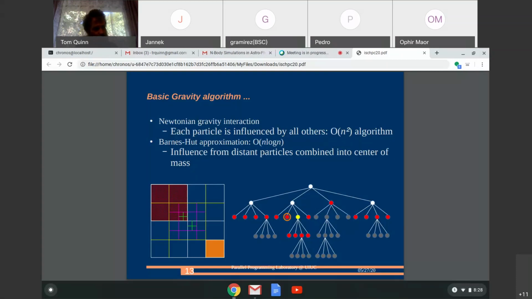So doing 1 billion particles gets very expensive. And so how do you reduce the complexity of that problem? The way we do this is organizing the particles into a tree, where the tree is based on a recursive partition of space.